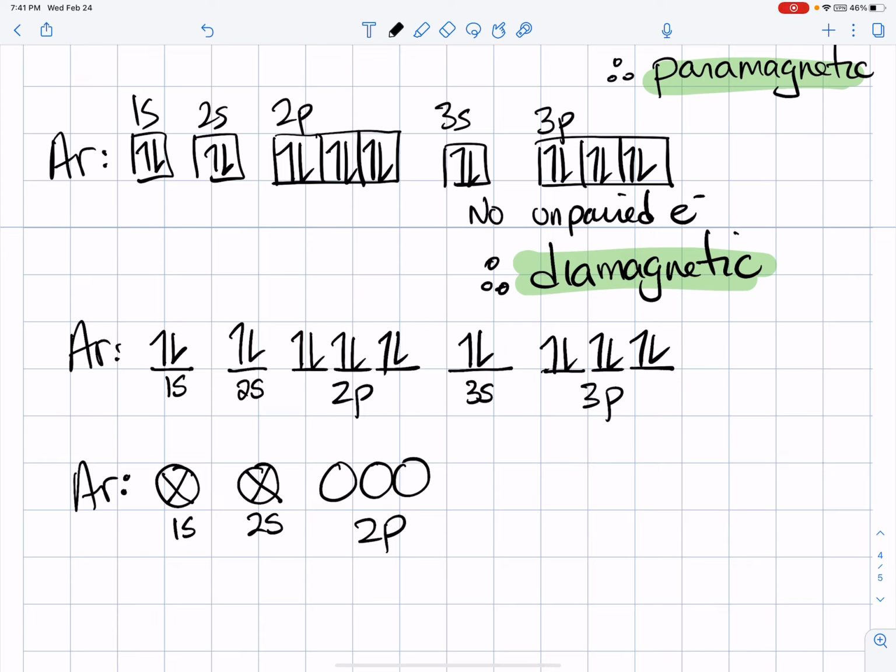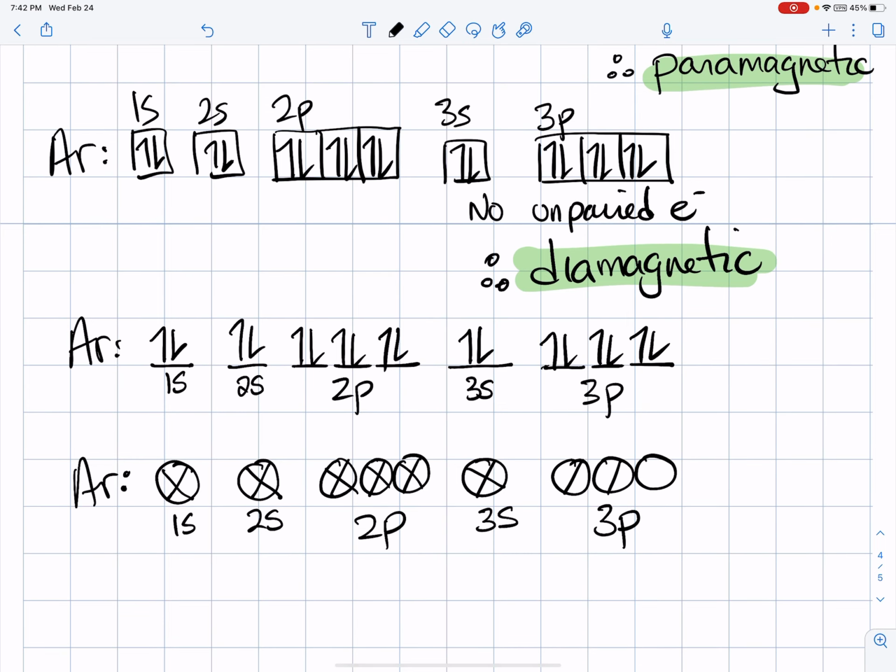There's 2p. Hund's rule, 1, 2, 3, and then 4, 5, 6 electrons. There's 2p6. And then 1 circle, 3s, 3s2, 3 circles close together, there's 3p, and Hund's rule, 1, 2, 3, 4, 5, 6. So that's just another way of showing an orbital diagram.